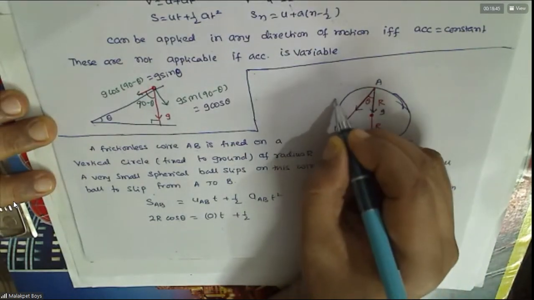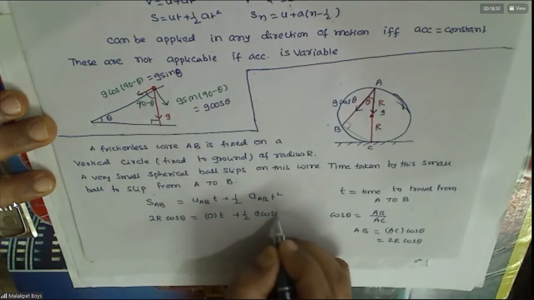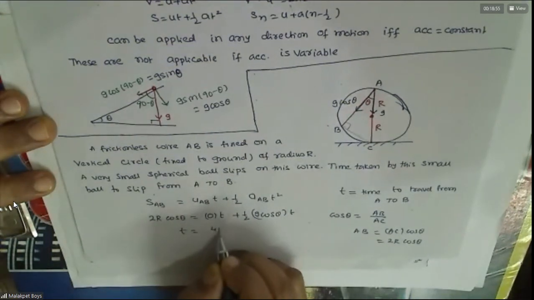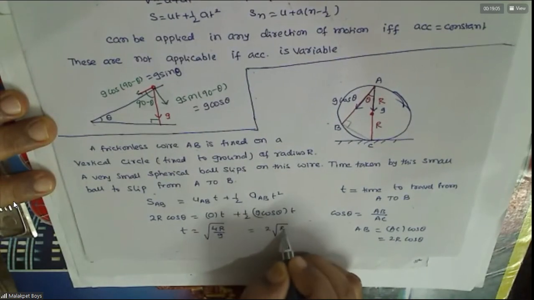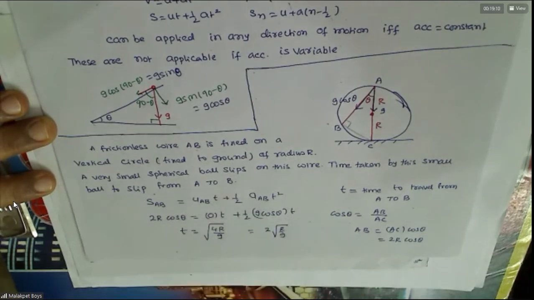Along this direction, what will you have? The vector component. Remember that? Agreed? Understood this?